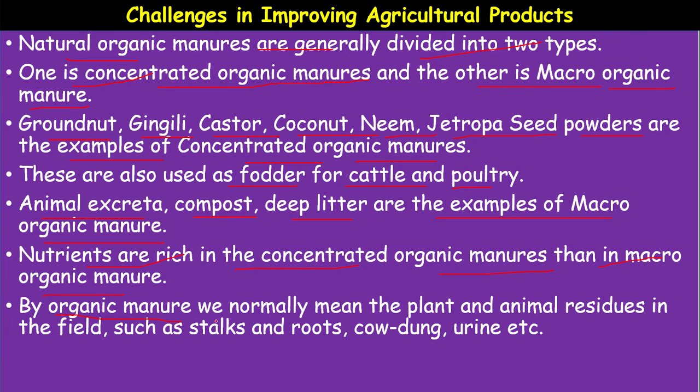By organic manure, we normally mean the plant and animal residues in the field, such as stalks and roots, cow dung, urine, etc. The percentage of various nutrient elements in 1 ton of organic manure is given in the table.